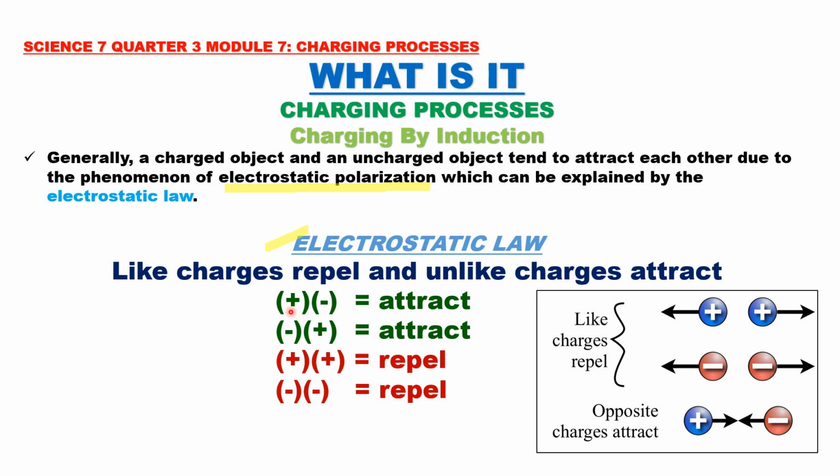So, positive charge and negative attract. Negative and positive charge attract. Positive, positive repel. Negative, negative repel. So, always remember that the phenomenon of electrostatic polarization is due to the electrostatic law. So, opposites attract and like charges repel.